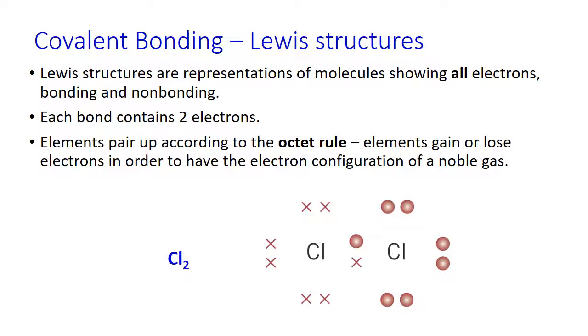So you're probably familiar with this from last year, just kind of revising it. Lewis structures are representations of molecules showing all the electrons, bonding and non-bonding. And each bond contains 2 electrons, as we discussed last unit. A single bond is essentially just 2 electrons being shared. So elements pair up according to the octet rule, which basically is a rule of thumb saying that elements love to have their valence shells full, to have the electron configuration of a noble gas.